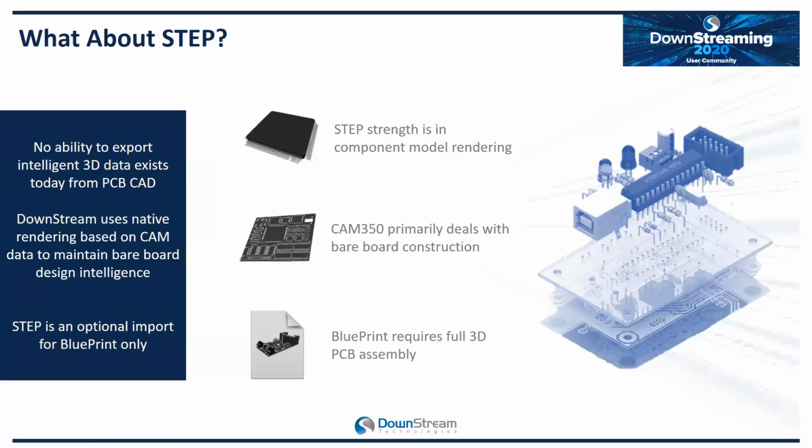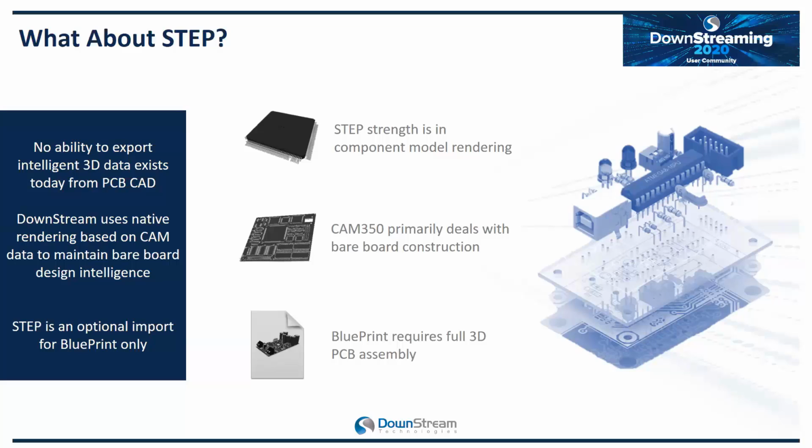the bare board. And in reality, STEP's strength is in the component model rendering. The PCB itself, as far as STEP is concerned, is just another electronic component. And even if I can spread layers with STEP, it doesn't understand what nets are and what pins are and how they're all related together. But CAM 350 does. So we end up doing our own native, basically, rendering of the bare board.